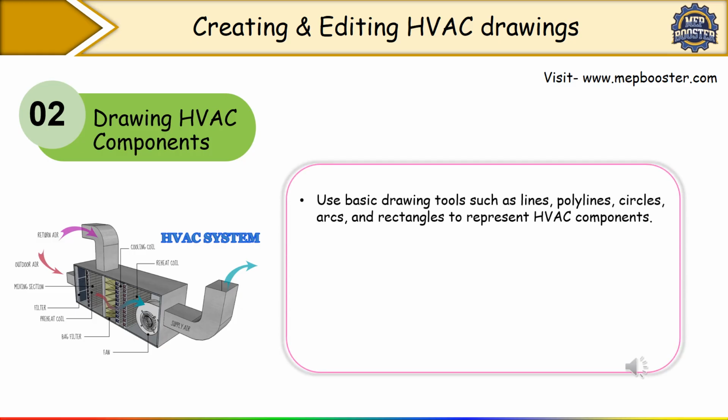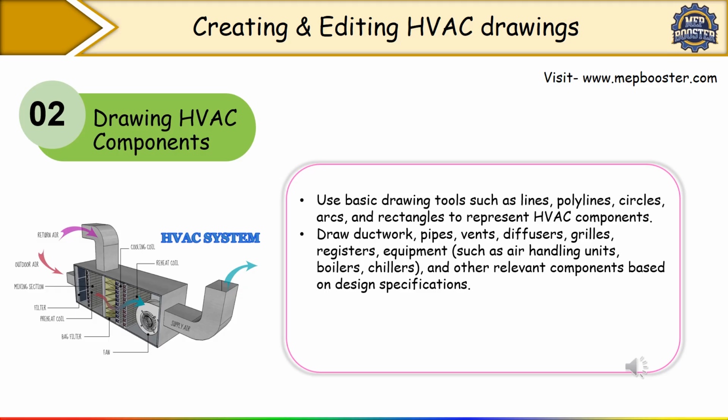So in that what we have to do, we have to use the basic drawing tools if you want to draw the HVAC component. So for that generally we are using basic editing or drawing tools such as line, polylines, circles, arc and rectangle to represent HVAC component. Okay, let's say AHU, FCU or any component which you want to draw.